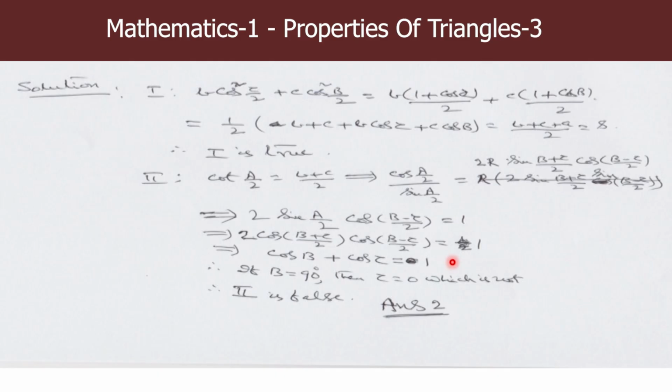If B is equal to 90 degrees, then cos B is 0, and cos C is equal to 1, which indicates that C is equal to 0. That is impossible, because in a triangle, two angles cannot be zero.